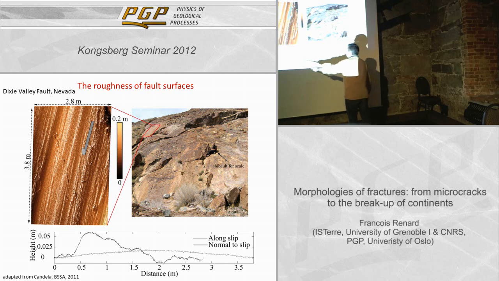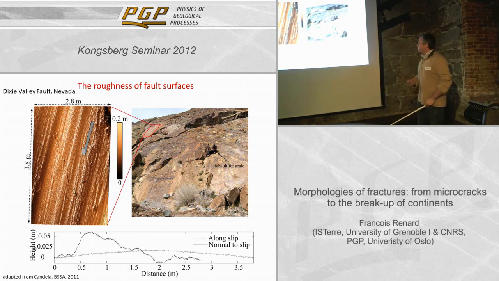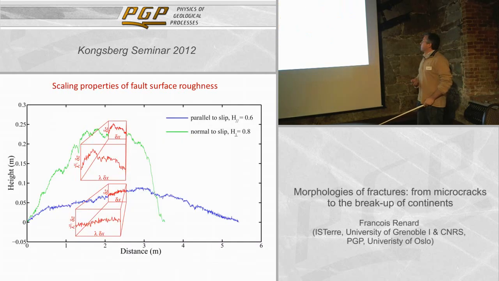In the direction of slip you also have tiny variation, and this tiny variation is not the noise of the apparatus, it's really tiny variation in the roughness of the slip surface. So I will talk during my presentation about this kind of signal and this kind of surface, and we will try to find a way to characterize the morphology of this surface.